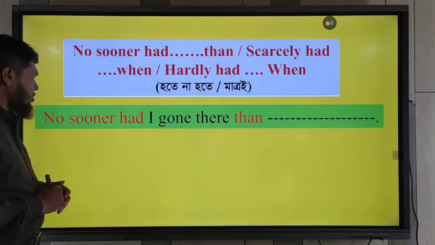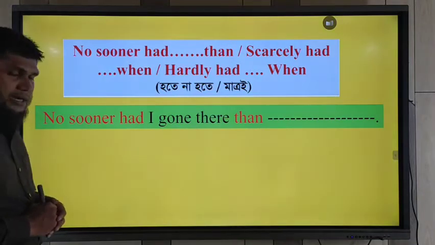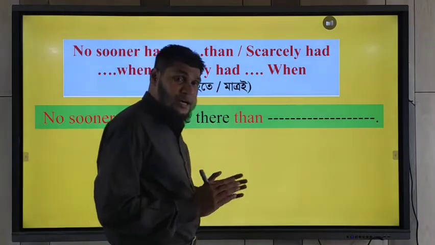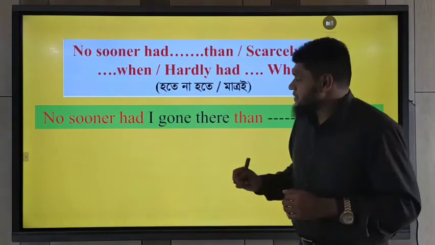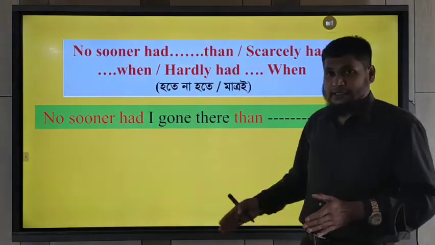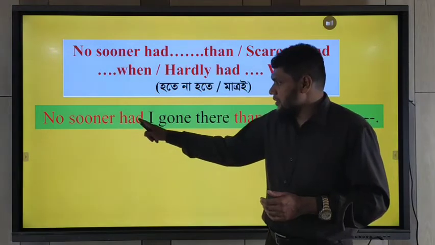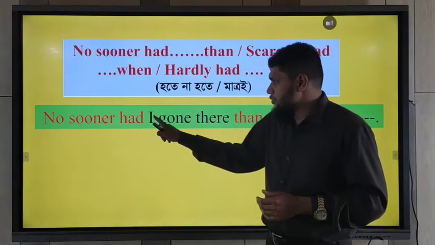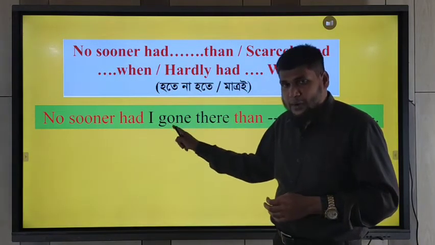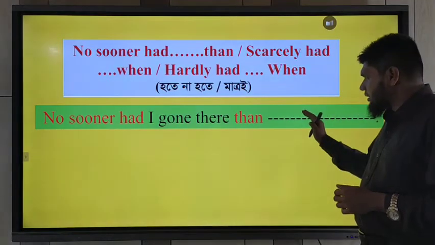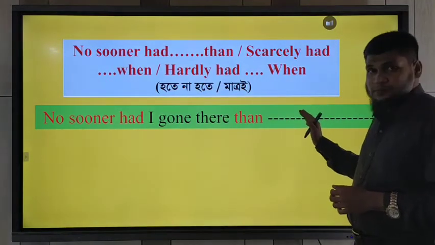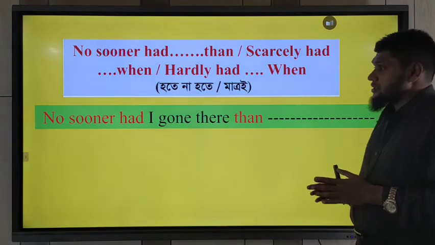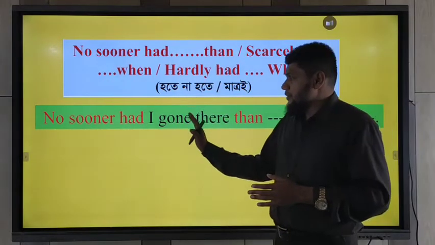For example, no sooner had I gone there. আমি সেখানে যেতে না যেতে. Here, keep in mind, if there is had, you should use the past participle form of the verb, and then you should use the past form in the next clause. What does it mean in Bengali?